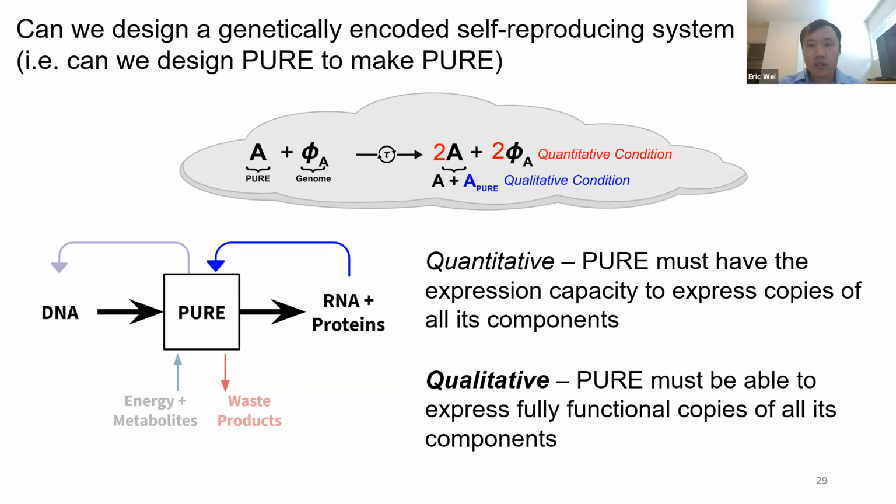So yes, good question. I didn't really touch on the quantitative, but that is a major problem in terms of what you get from NEB Express, the expression capacity of off-the-shelf PURE. For my submission, that's 30 times. You have to have 30 times as much expression capacity in order to have PURE even have the capacity to make itself, basically, to make all of its components at the concentrations of the PURE system.